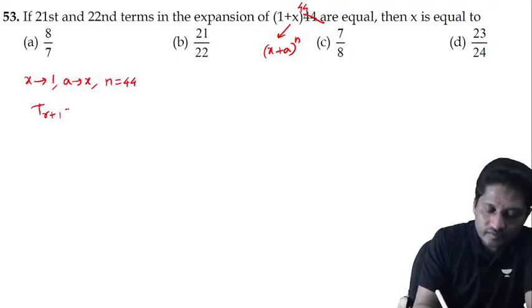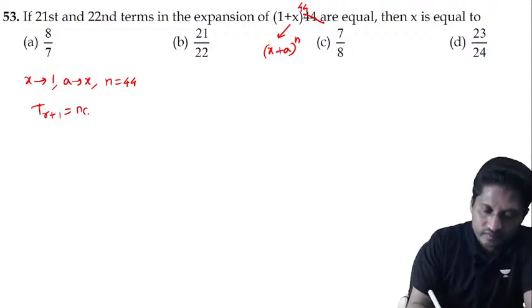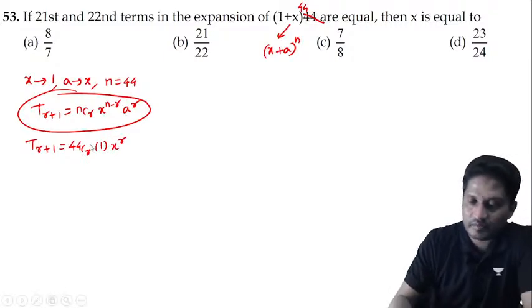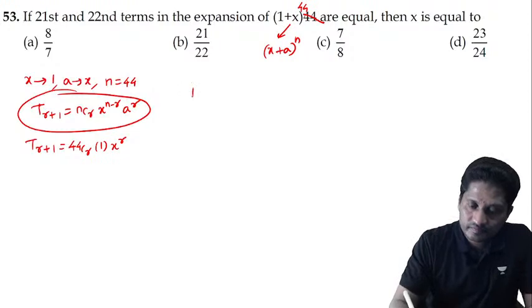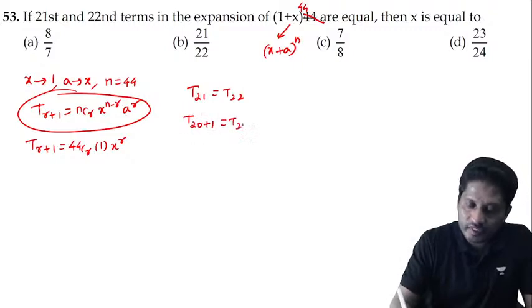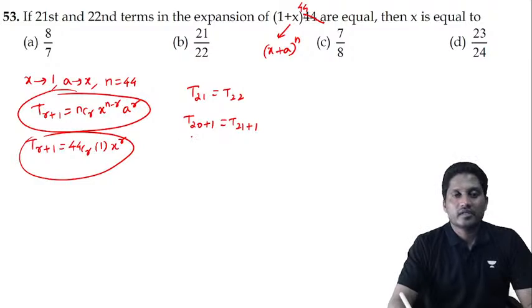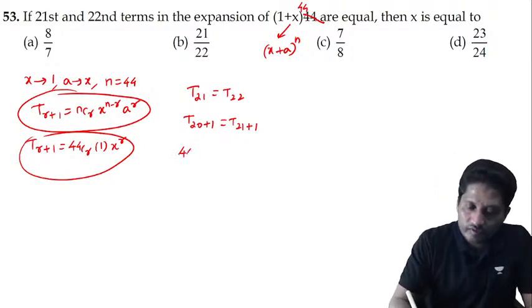T(r+1) is equal to nCr x to the power of n minus r into a power r. This is T(r+1). Now T(r+1) is equal to 44Cr, anyways x is 1, a power r, that is x power r. 21st term and 22nd term are equal. 21st term is T(20+1). 22nd term is T(21+1). T(20+1) will be equal to 44C20 x to the power of 20.